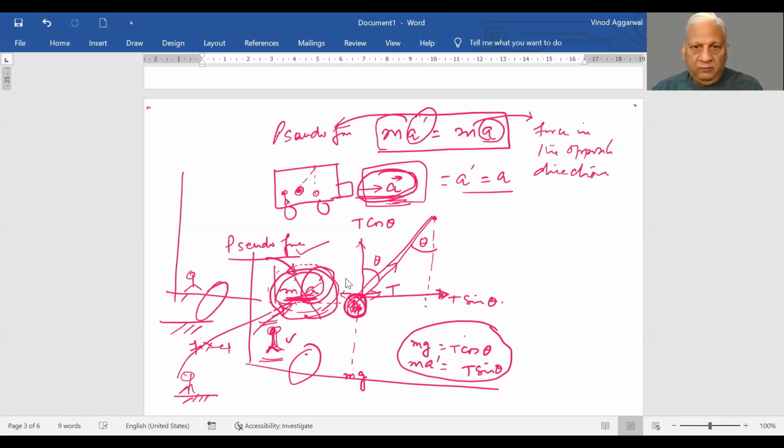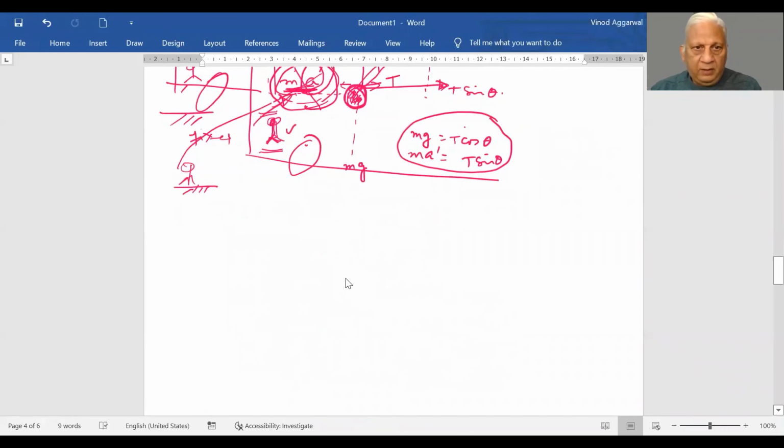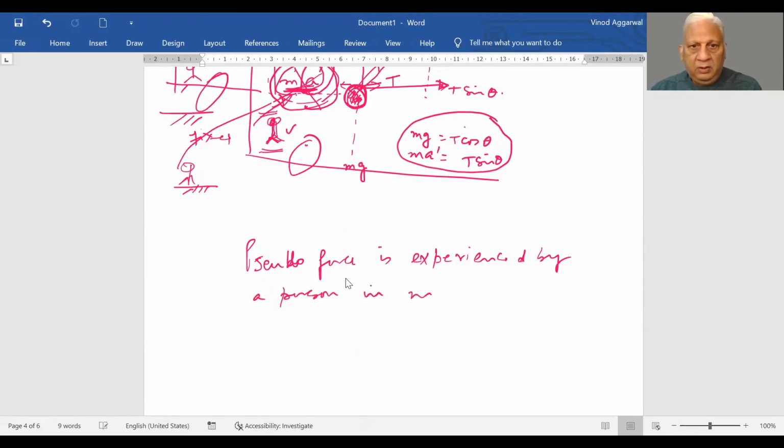So, one more important thing is that pseudo force is experienced by a person in a non-inertial frame. This is applicable only from the point of view of the non-inertial frame of reference.